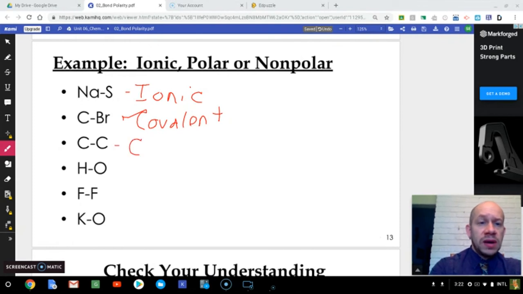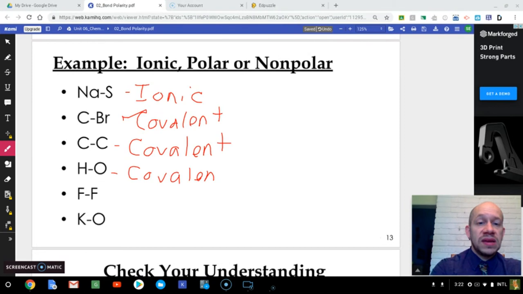Same with carbon and carbon, so it's covalent. Hydrogen and oxygen are both nonmetals, therefore this is covalent. Fluorine and fluorine, they're both nonmetals, therefore it's covalent. And potassium and oxygen, potassium is a metal and oxygen is a nonmetal, therefore it's ionic.